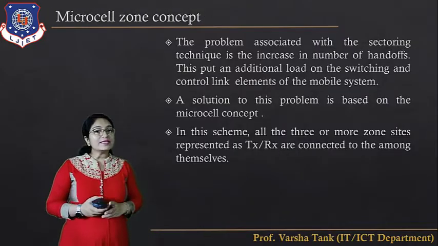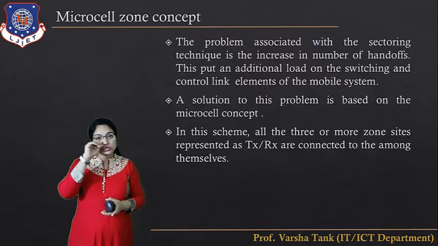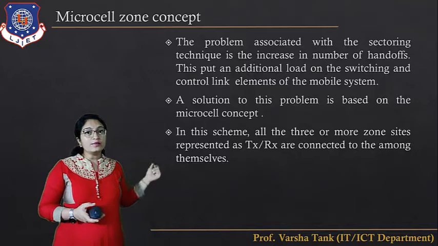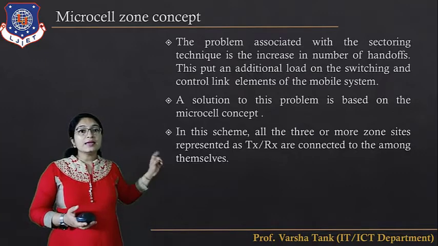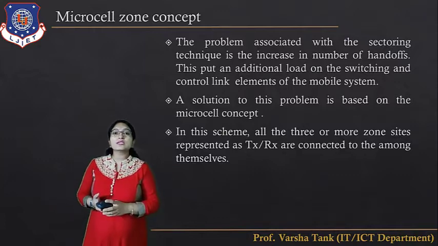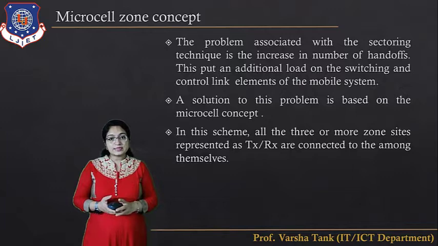Now next is the microcell zone concept. This is the third technique that is used. The problem associated with the sectoring technique is the increase in the number of handoffs. This puts an additional load on the switching and control link elements of the mobile station.